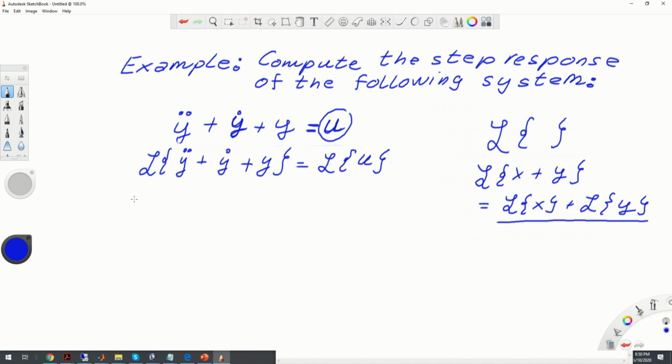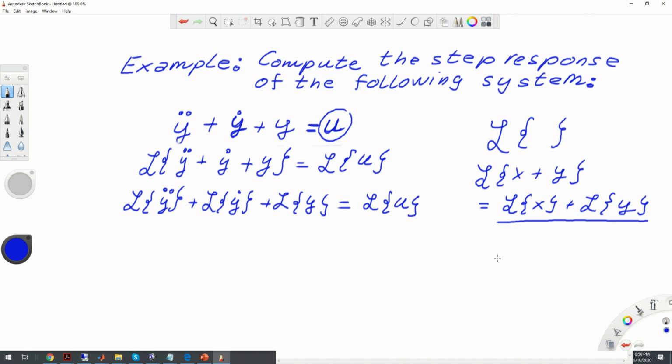So from this equation we obtain the Laplace transform of the second derivative plus the Laplace transform of the first derivative plus the Laplace transform of the zero derivative is equal to the Laplace transform of the input.